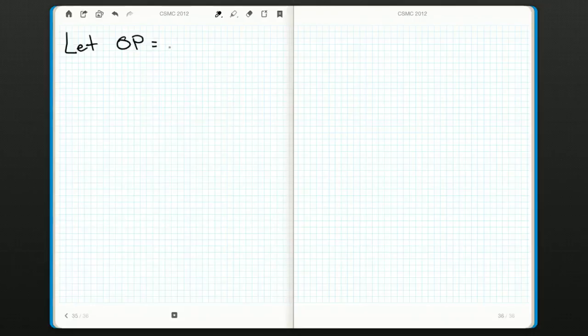Let OP be, we'll call it little p. Is that going to get confusing because little p can sort of look like P? I don't have lines here, so we'll give it a name, I don't know, X or A, or actually let's go with L for length. Yeah, it's not going to get confusing, and that way the X won't interfere with our times notation if we ever use it.